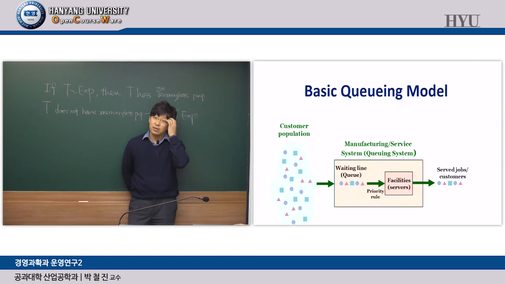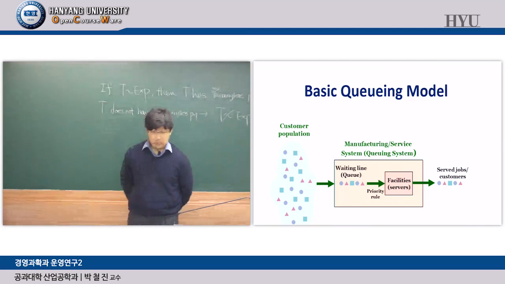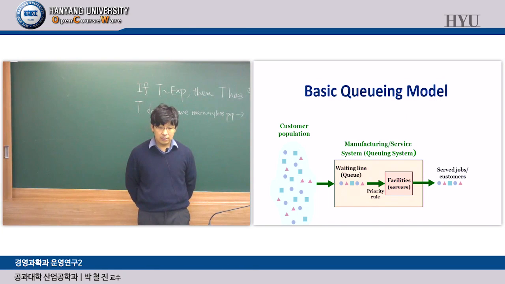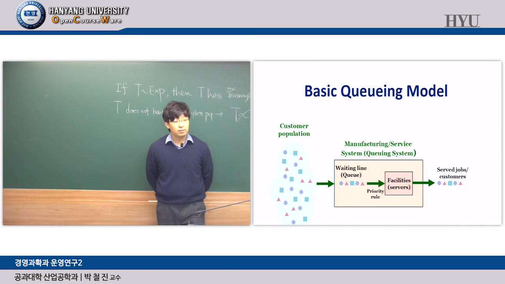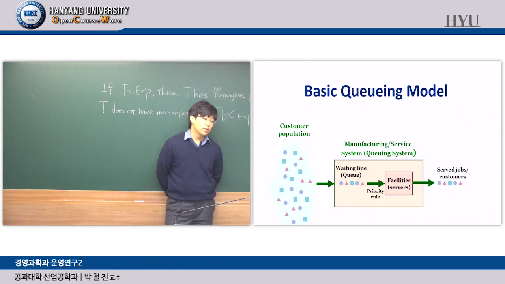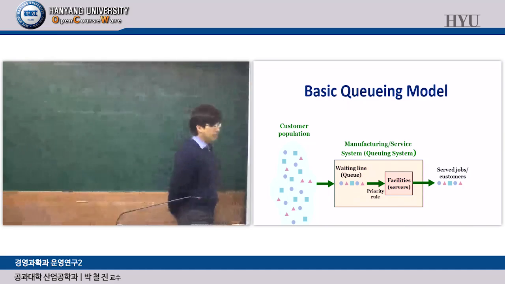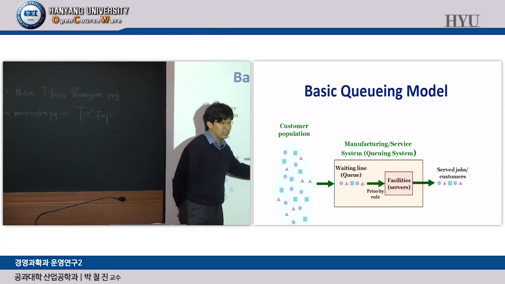If you consider a dental clinic, then you can see the dentist, and we have some reason why we need to see the dentist, like a toothache, or you need to get some different services from the dentist. And the third and the most important part is this one, the waiting line.